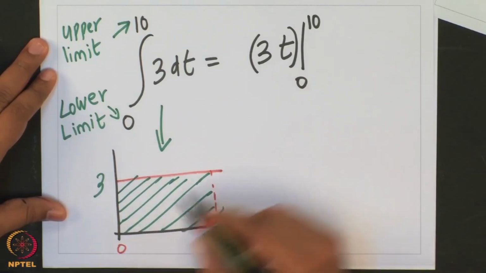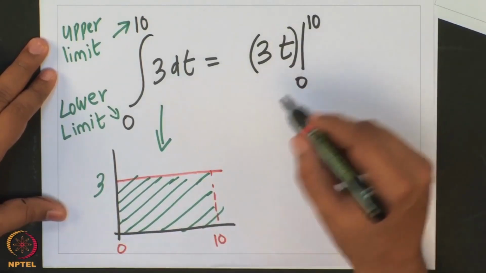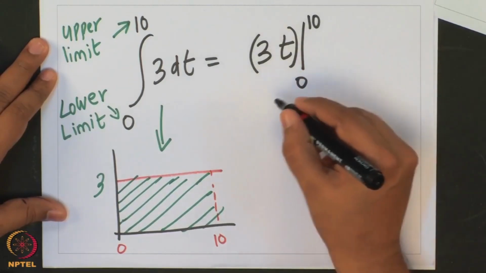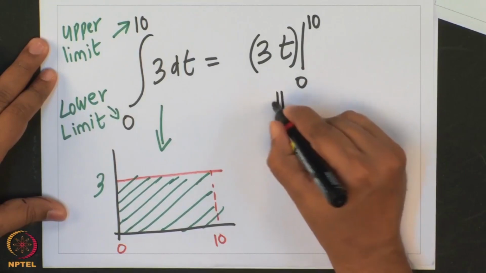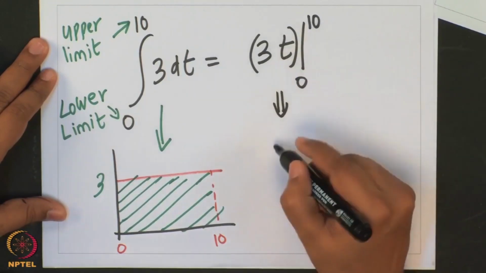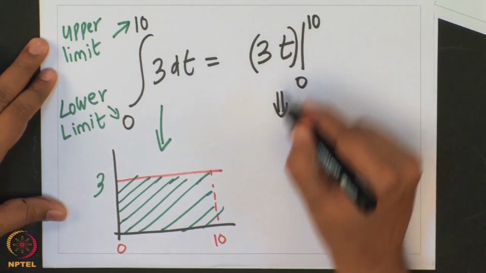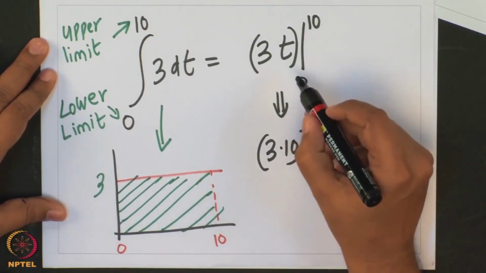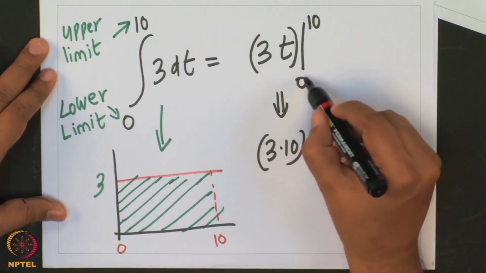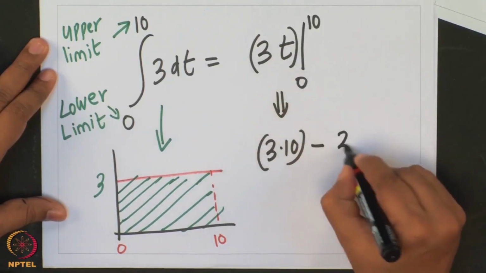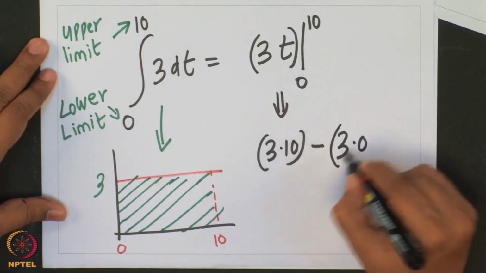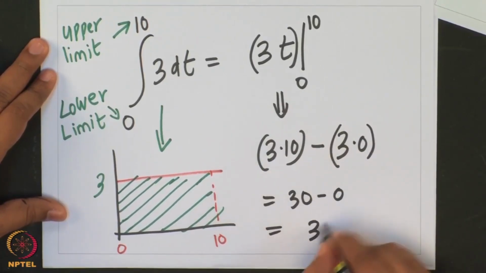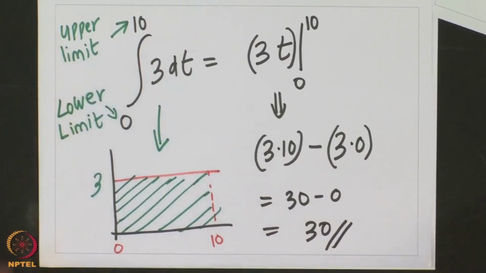Within the limit 0 to 10, we have this 3t, and how do we apply this limit? To apply this limit, first wherever there is t, substitute 10. So 3 times 10 minus wherever t, substitute 0. So 3 times 0, which is 0. So which is nothing but 30 minus 0, and the answer is 30, which we knew from the graph itself.